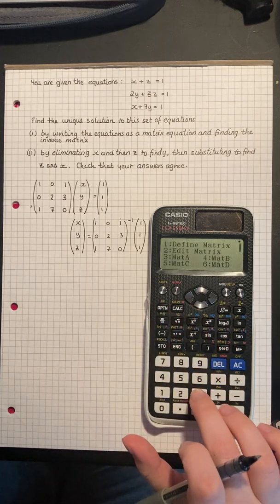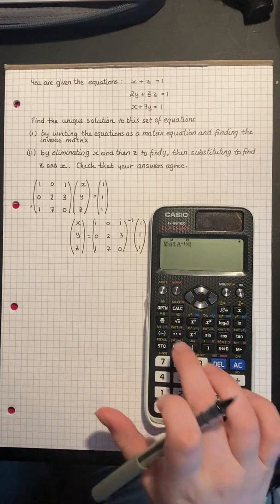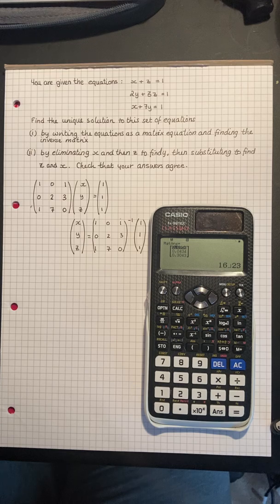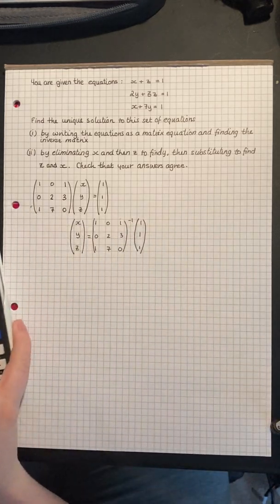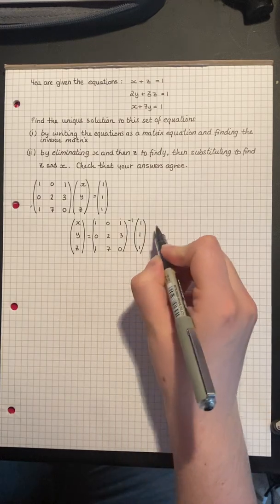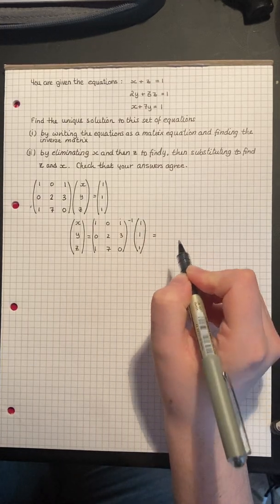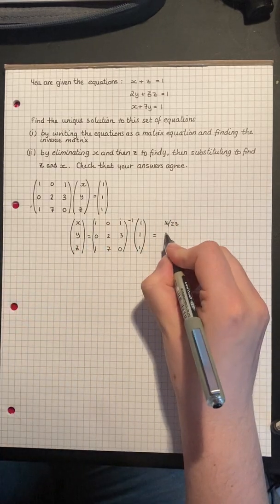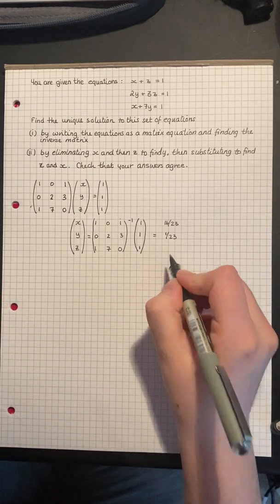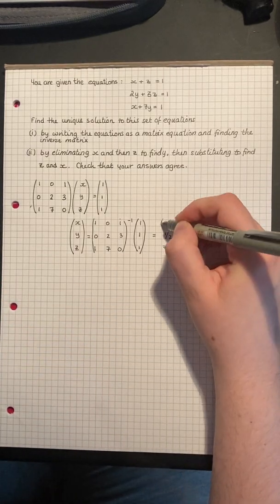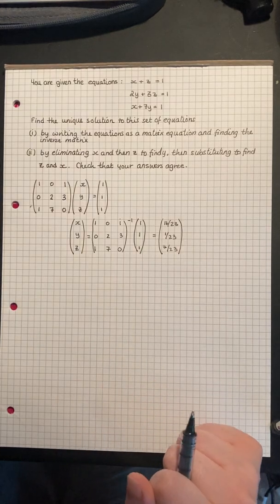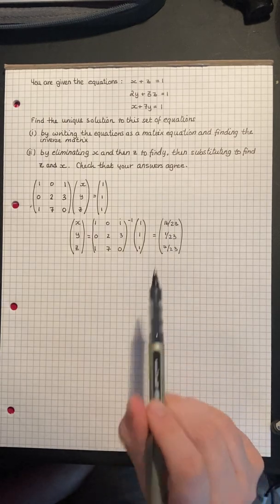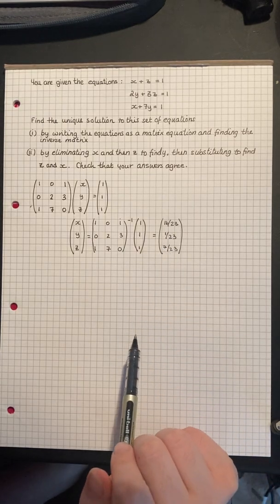Then I'm going to do matrix A inverse times matrix B, which will give us our answer. If I multiply that out, I get 16 over 23, 1 over 23, and 7 over 23. So that would be the first solution: x equals 16 over 23, y equals 1 over 23, and z equals 7 over 23. So that's the first method.